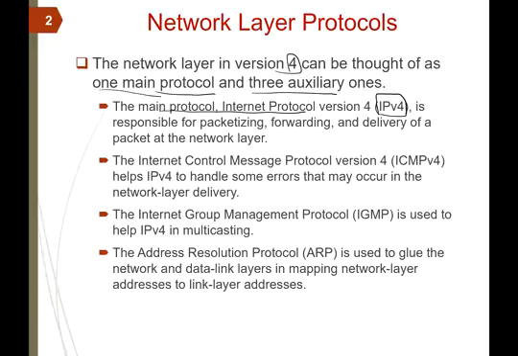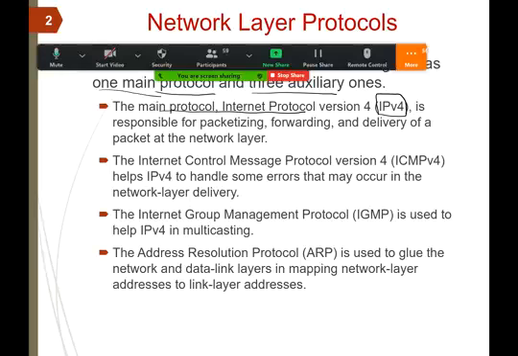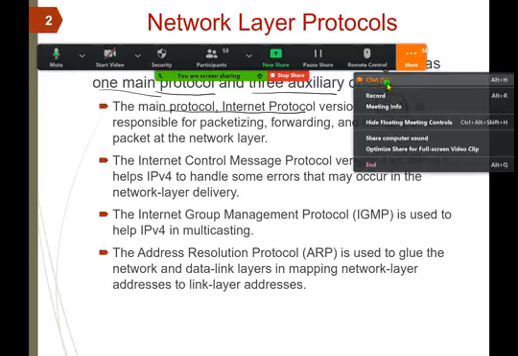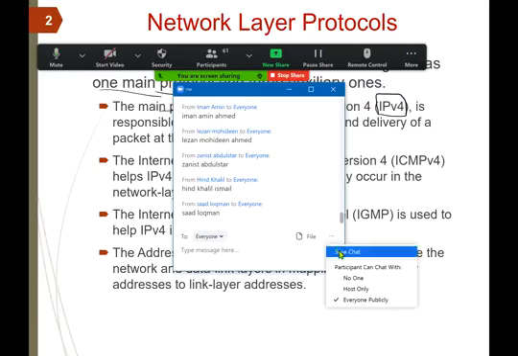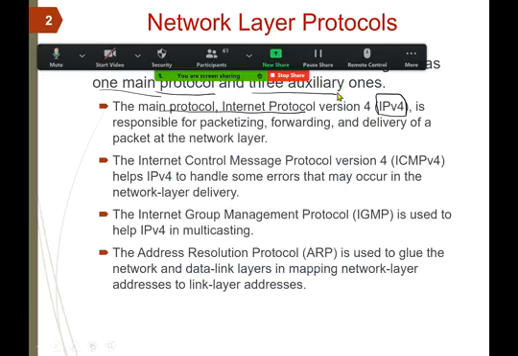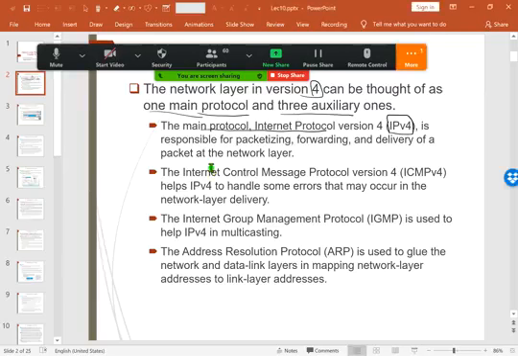The other protocol is Internet Control Message Protocol, which is called ICMP, and again version 4 because we are talking about the version 4 IP. The Internet Control Message Protocol, ICMP, is an auxiliary protocol.